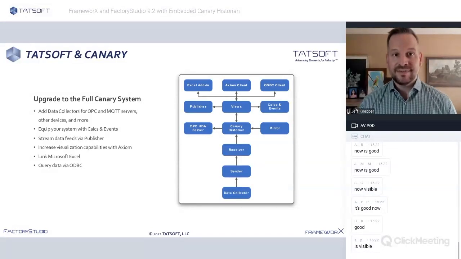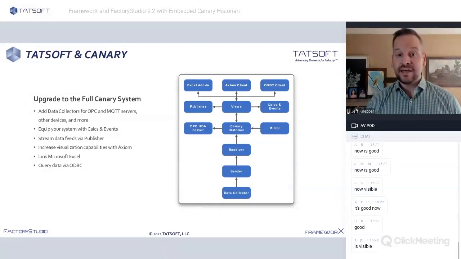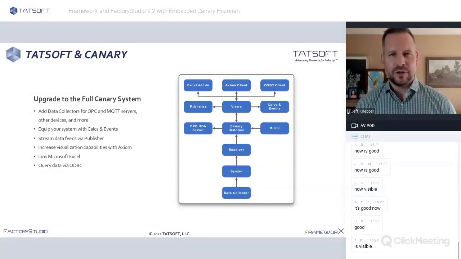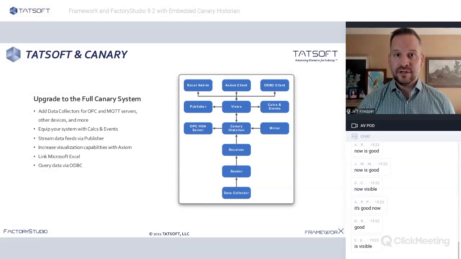And I'm excited to announce that any money that you spend with Hatsoft, upgrading tag license to maybe an unlimited system, will be credited to you in the purchase of a full Canary system. So if you decide you want to add Canary's calcs and event server, if you'd like to add Axiom trending, the Excel add-in, or perhaps you want to start logging from additional data sources, other pieces of hardware, and you want to do that through Canary via Hatsoft, instead of via Hatsoft, upgrade to the full Canary system.